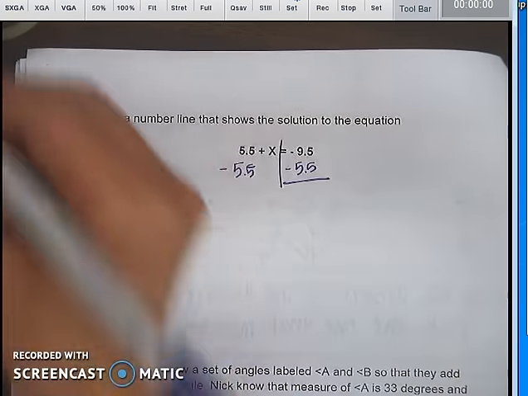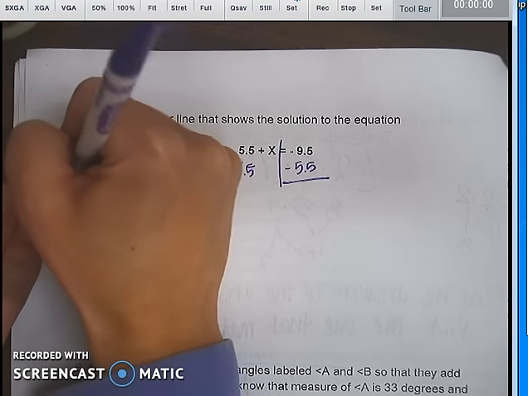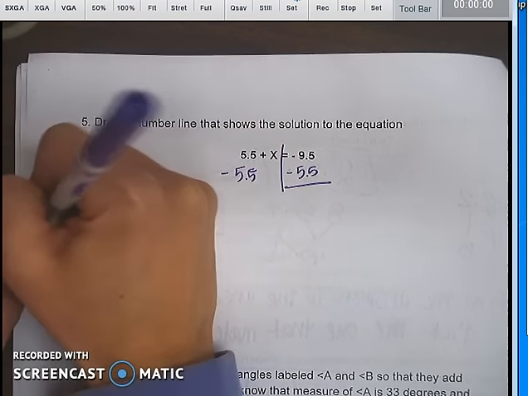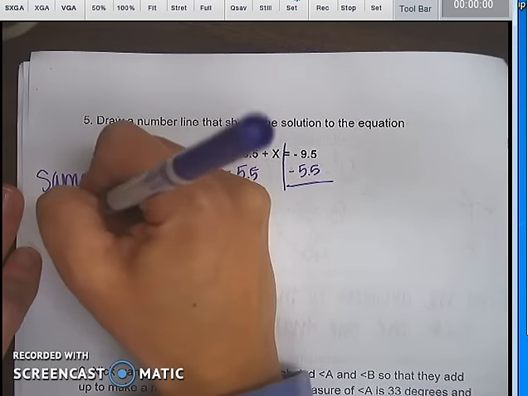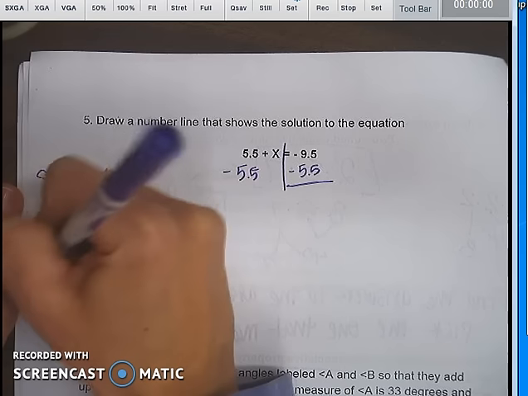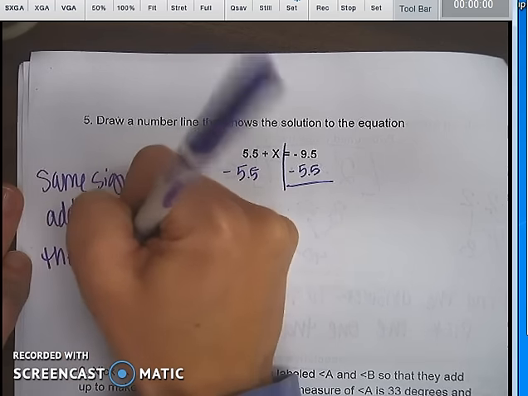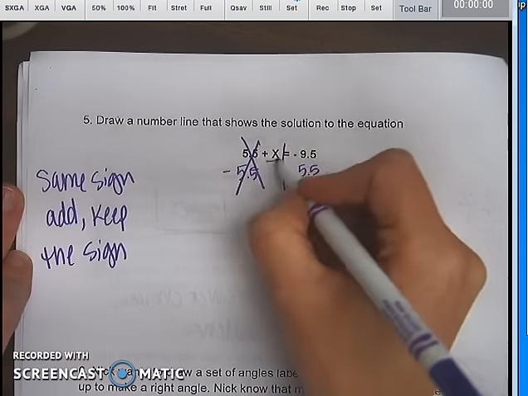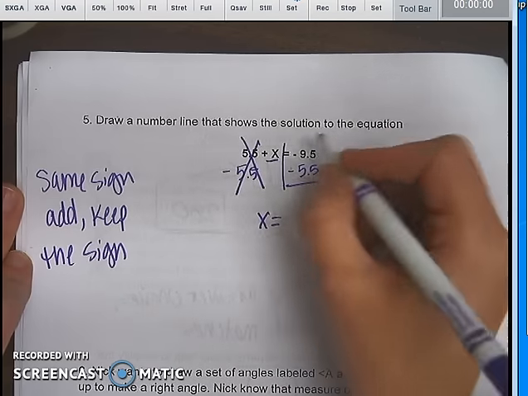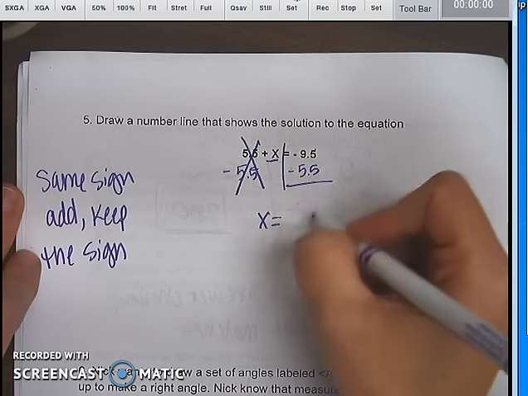Same sign, what do we do? Same sign, add, right? Same sign, keep the sign. That cancels each other out. You're left with what over here? x equals, you're adding. 5 plus 5 is 10.